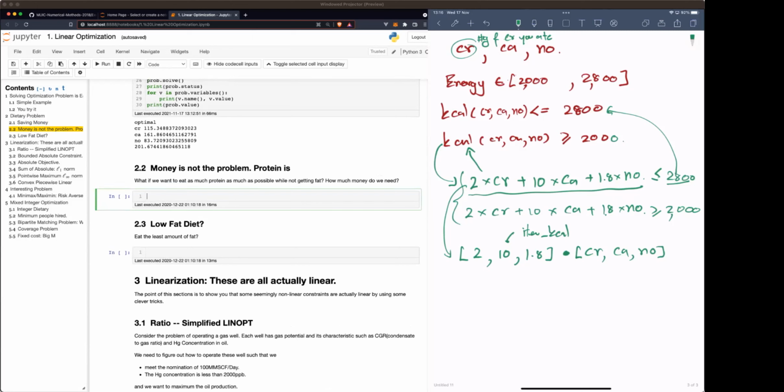Okay, I'm going to let you do this. And once you do that, you do 2.3 as well. It's probably the same thing. If you want to minimize the fat, you want the low fat diet, what should you eat and how much money do you need?